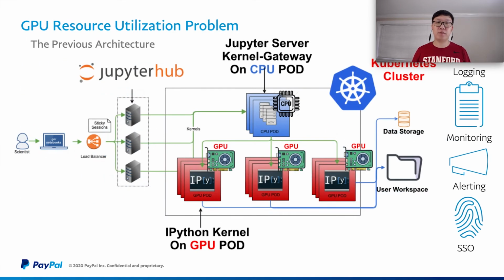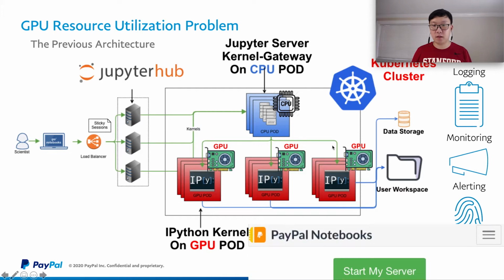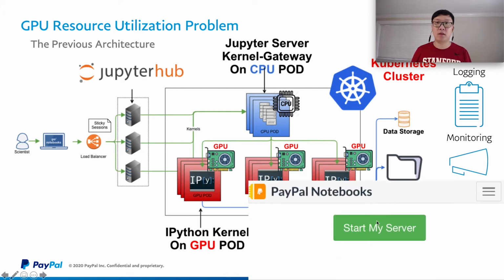Here is the previous architecture in PayPal notebooks. You can see that we have deployed the Jupyter server kernel gateway in the Kubernetes cluster in some CPU-based pod. After the user logs in, he starts the server. One Jupyter server will be created and dispatched to the user.